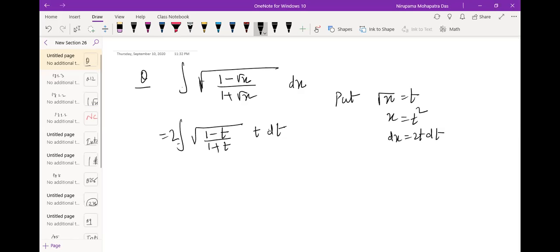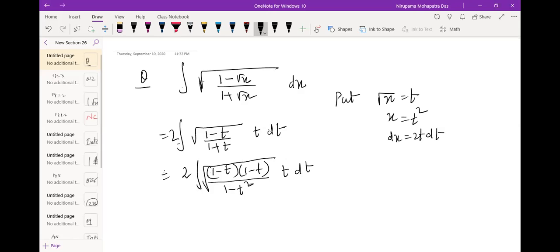So it means you can have twice of the integral of 1 minus t into 1 minus t divided by 1 minus t square, t dt. I hope it is clear what we have done here.